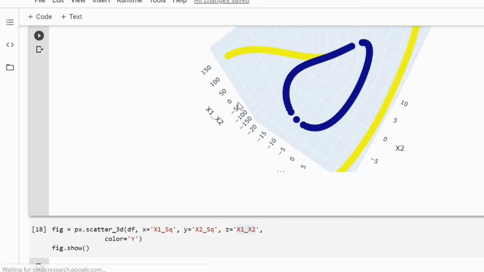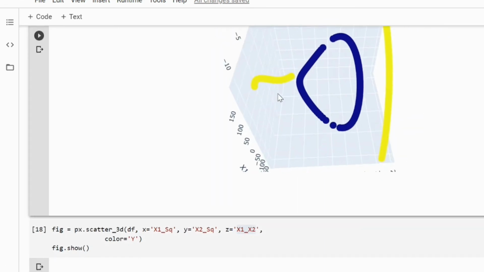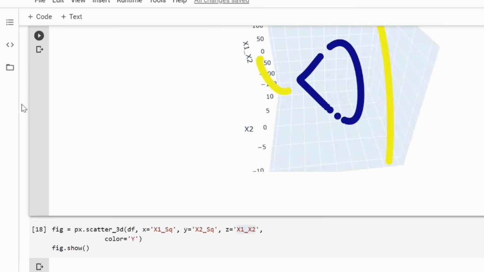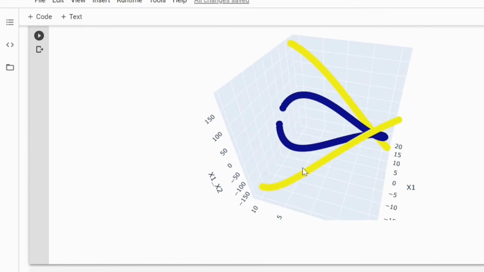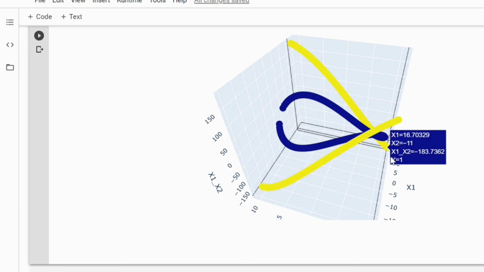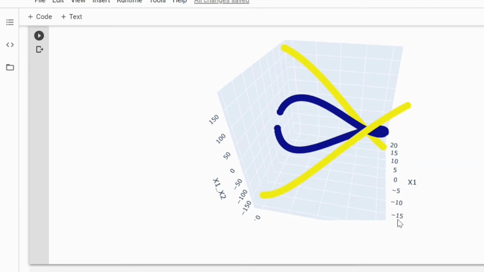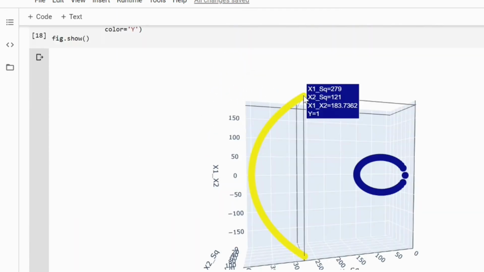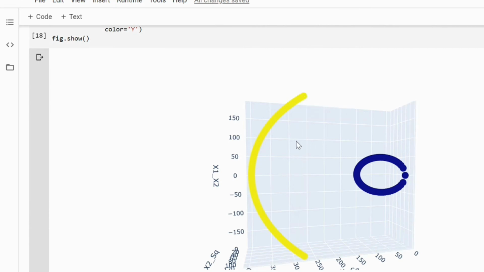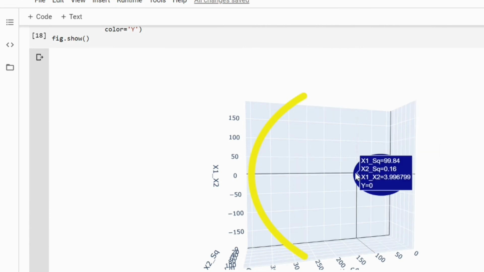If you see the plot carefully, you will see that the two yellow boundaries are actually one on the negative side, the other on the positive side. This is minus 15 over here, and that is 15. Now you've taken the square of these two terms, so all those points have shifted to the positive side, and the x1 x2 has created the space in between these 2 points.